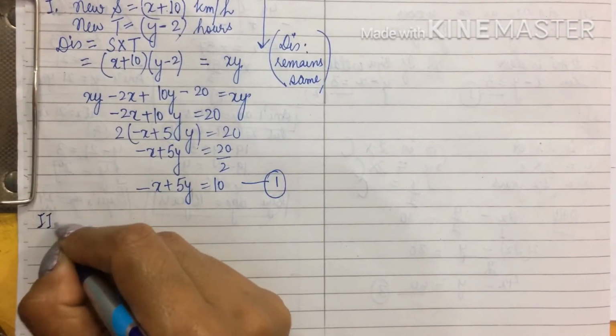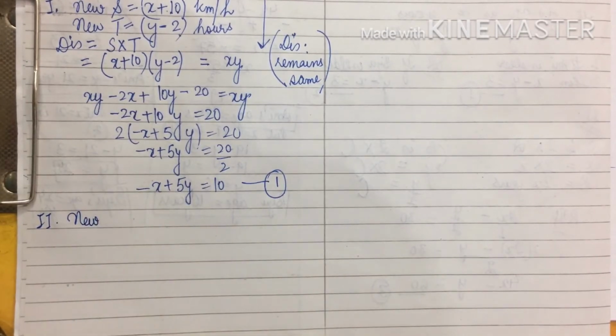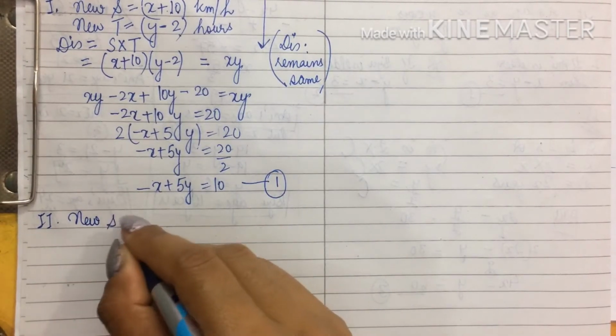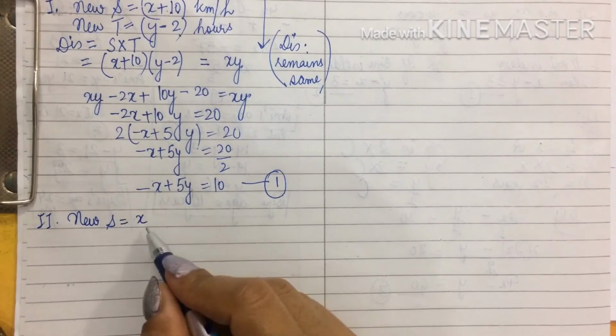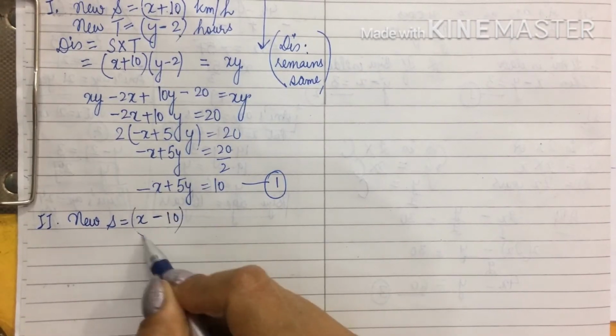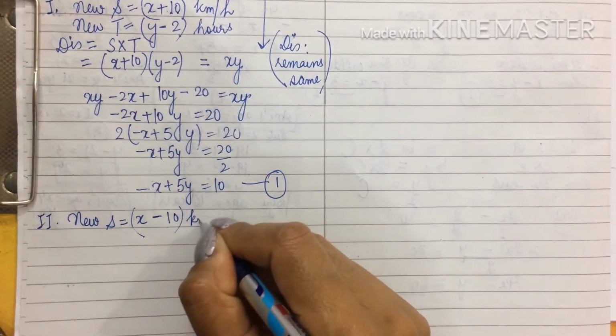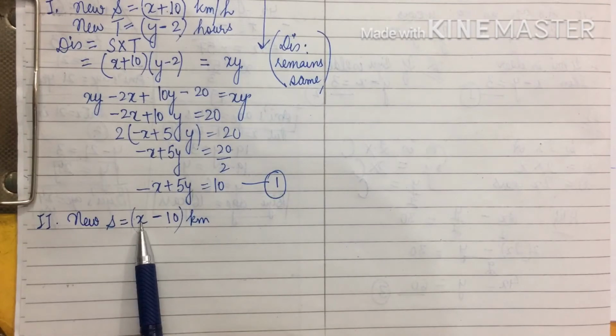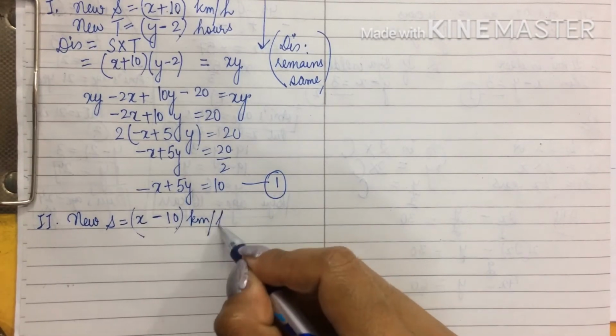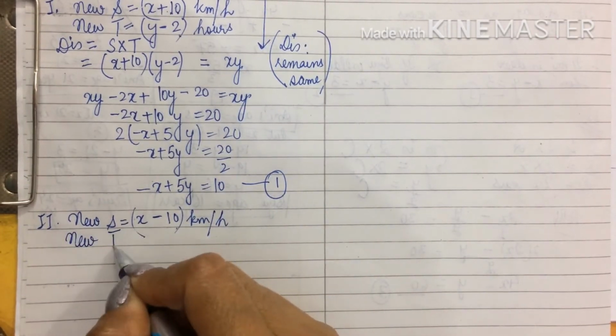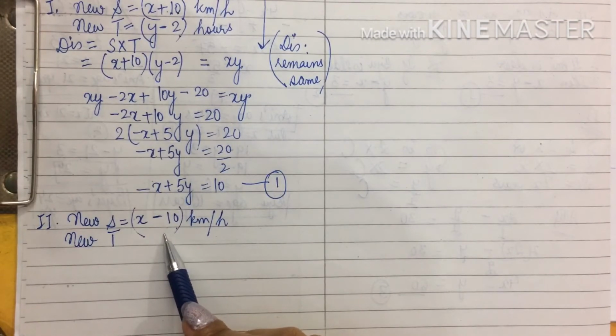Now in the second case, again there is a change to the speed and the time taken. The new speed in the second case is a decreased one. In the second case they are saying the speed is reduced by 10 kilometers per hour. So originally the speed was x, reducing it by 10, new speed. And in that case, when the speed is reduced, the time taken will be more.